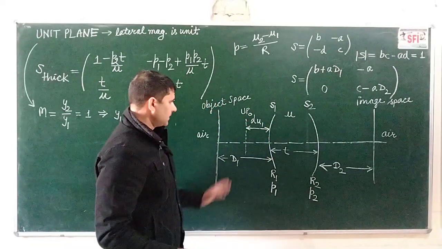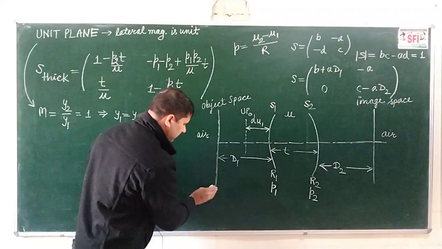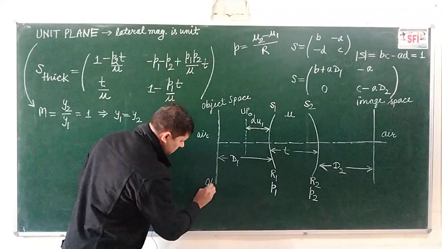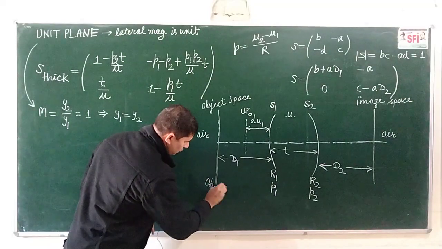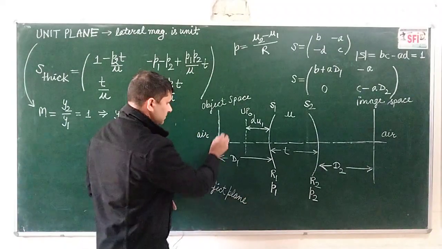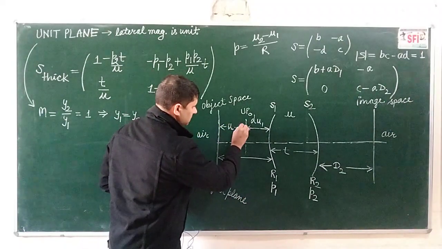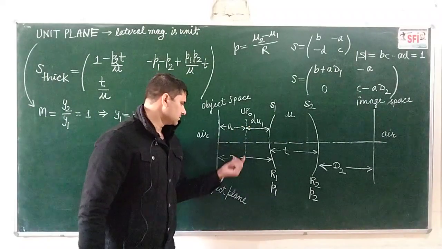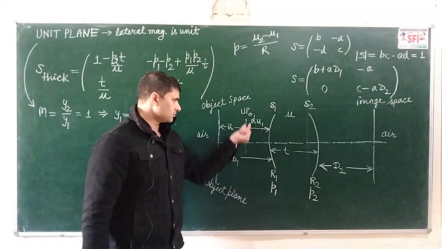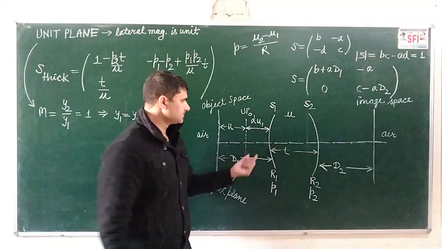The distance of the object plane from the unit plane is taken here as u. So here we are measuring the distances from the unit plane. This is u, this is du1.